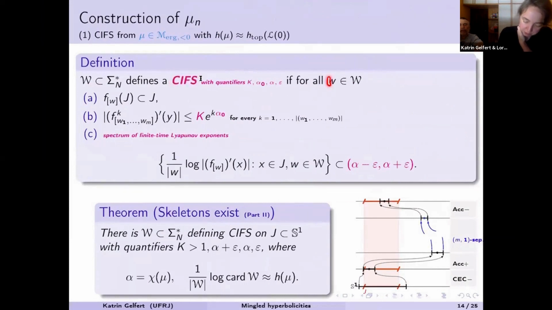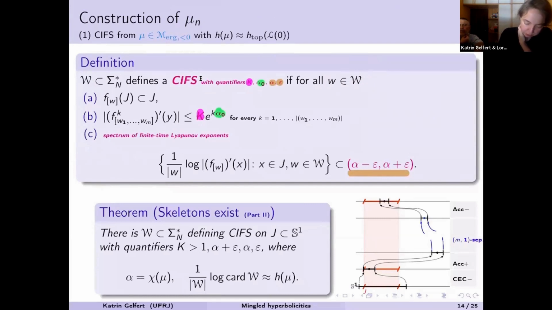So I say that the family of words defines a contracting iterated function system with some parameters, so some initial contraction constant k, with some contracting exponent alpha. And a third condition is that these contractions have finite time Lyapunov exponents inside some interval alpha plus minus epsilon.